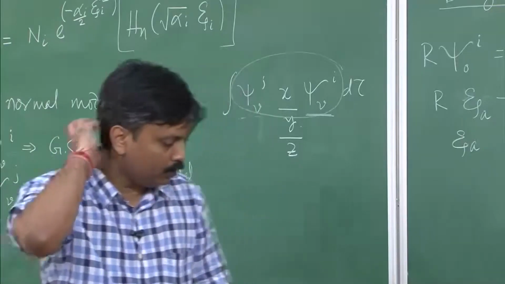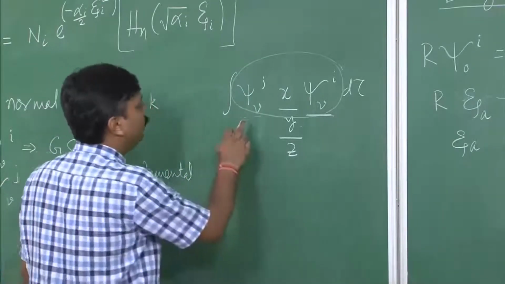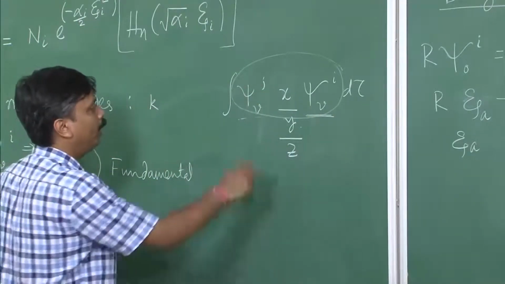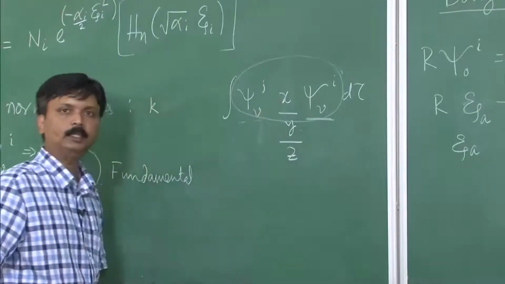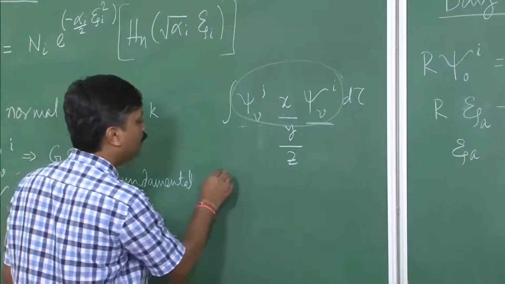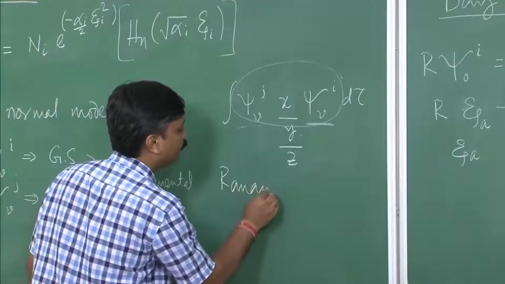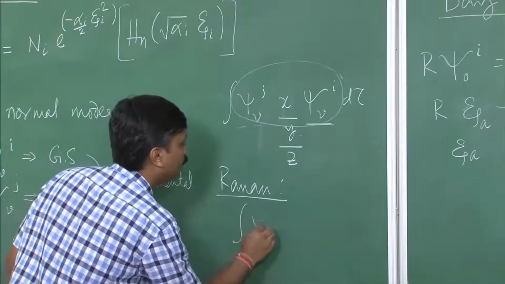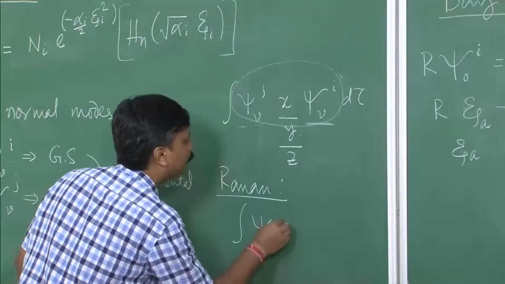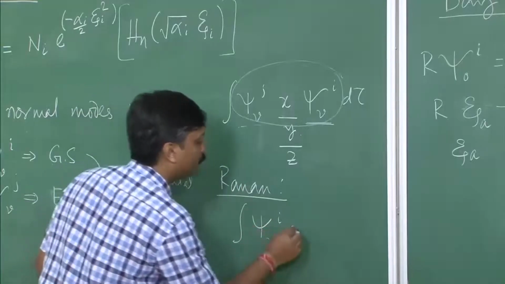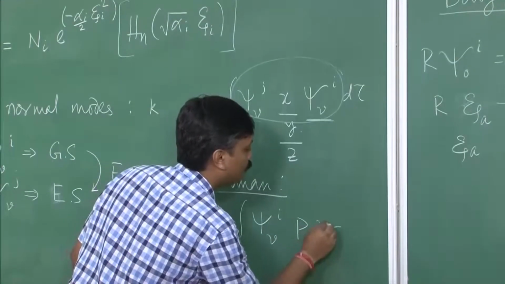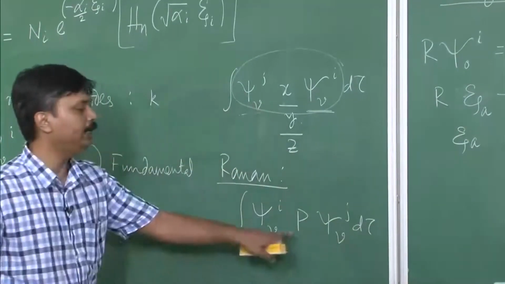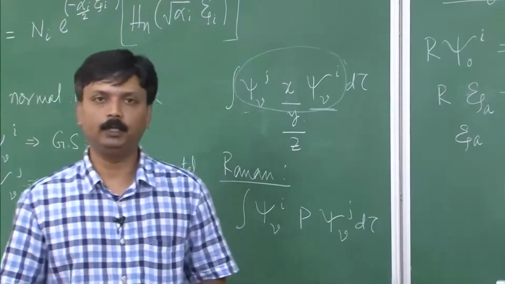Now what about the Raman activity? In infrared spectroscopy, I deal with this integral where the operator is nothing but the xyz Cartesian coordinate. What happens in case of Raman? I have a similar type of transition moment integral involving psi, where this P is nothing but the polarizability.